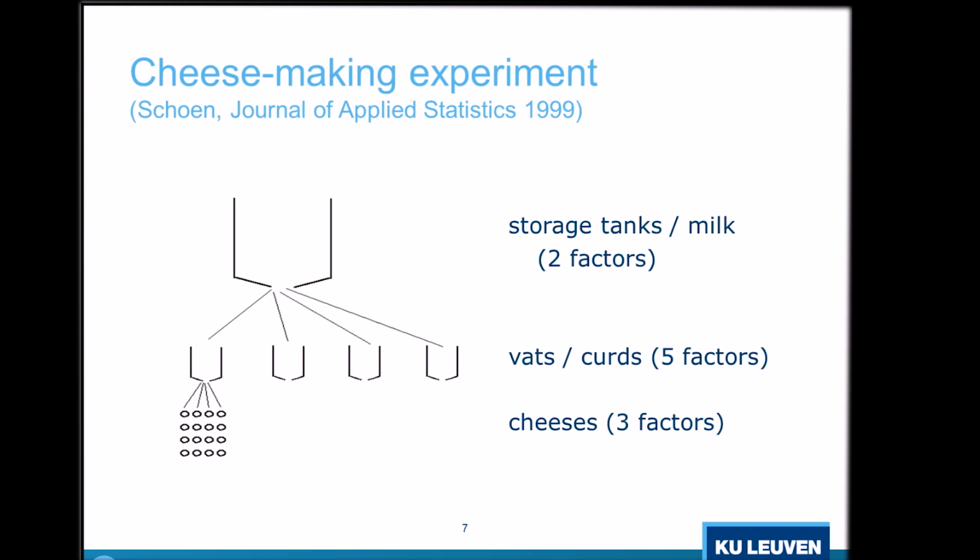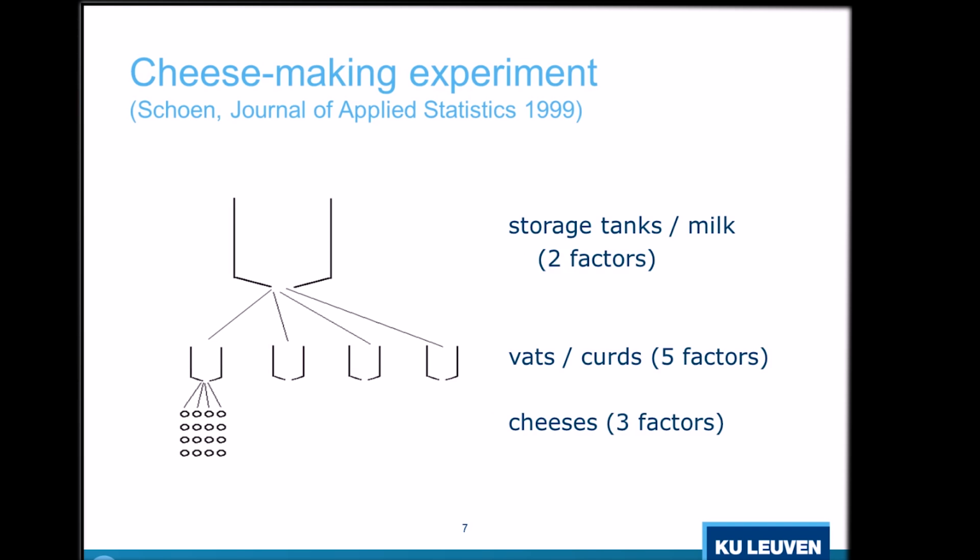Now, in that experiment, the goal was to produce cheeses in the end. But cheeses come originally from large tanks of milk, and the large tanks of milk are split into smaller vats where the milk is further processed, and in the end, individual cheeses are produced from the smaller vats.